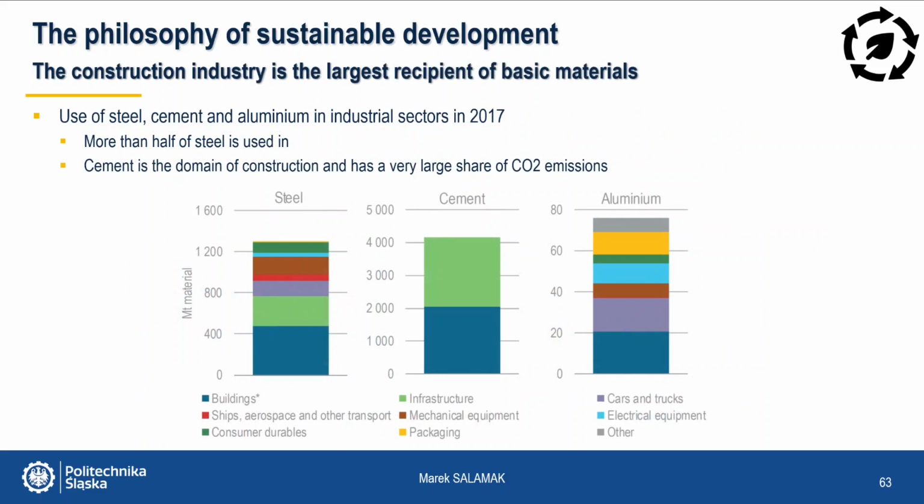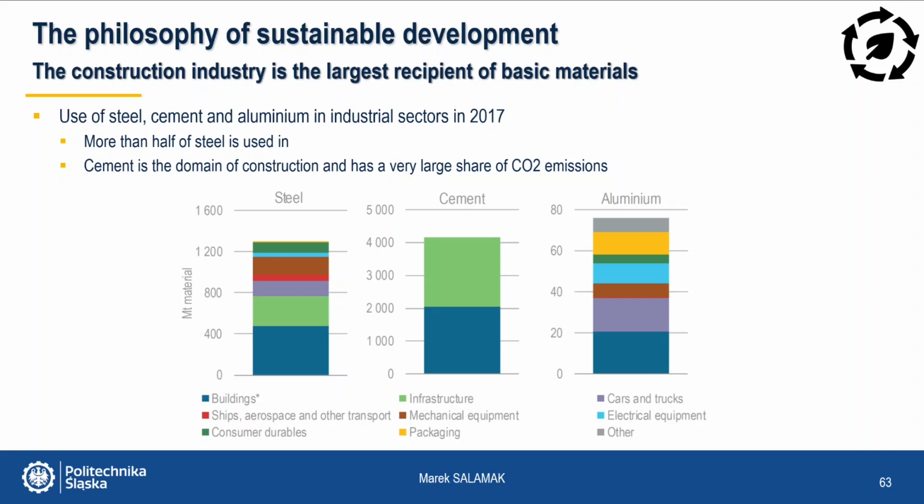In the case of these basic materials, the construction industry is the largest customer. More than half of the steel produced in the world is used to construct buildings and infrastructure. China's enormous steel needs, more than 40% of global demand, have pushed up the price of this raw material and pushed it towards greater use of concrete and thus the demand for cement.